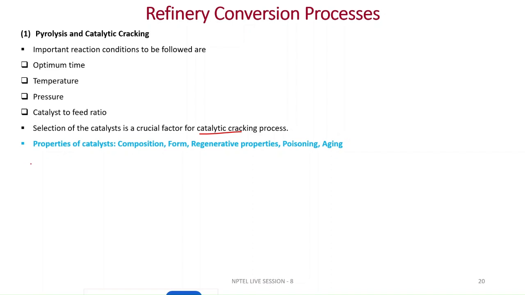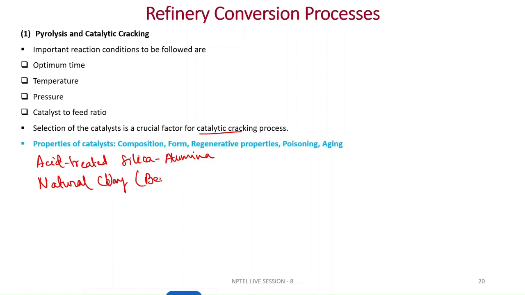So in general, acid treated silica, alumina, this is used as a catalyst, and also natural clay, just like bentonite or kaolin, these are also used as a catalyst for various processes.